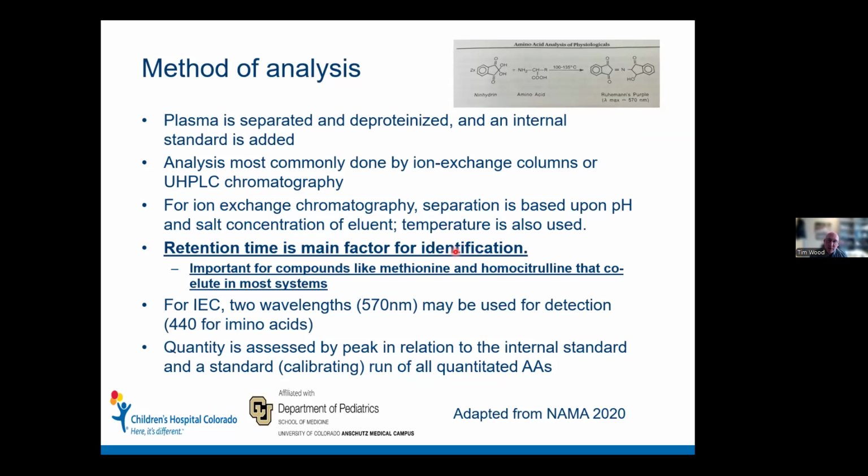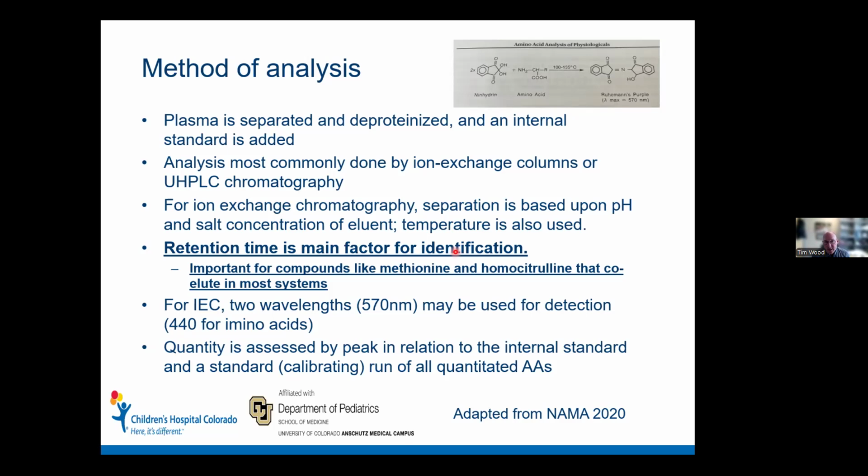We deproteinize it, typically with some acid, and we add an internal standard. The internal standard is important because we have the same amount of internal standard as we do in our calibrating solutions, our calibrators. By knowing the concentration of the various amino acids in the standard, we can then infer the amount of individual amino acids in the patient samples.